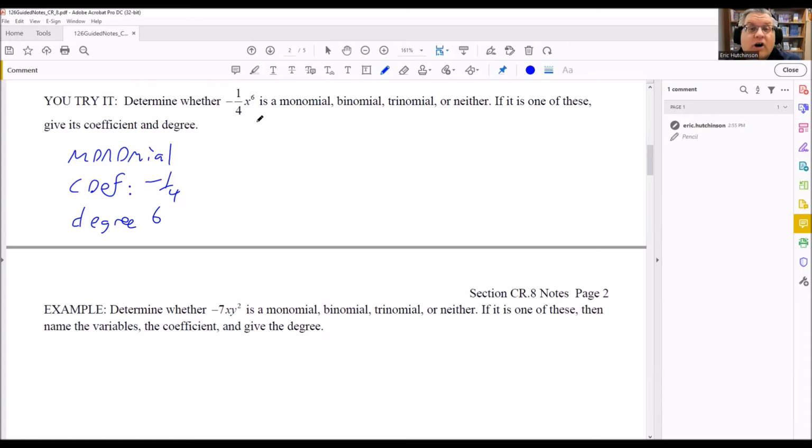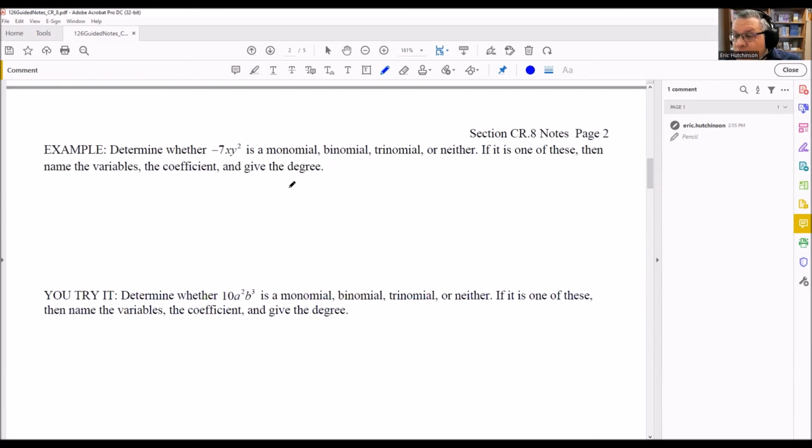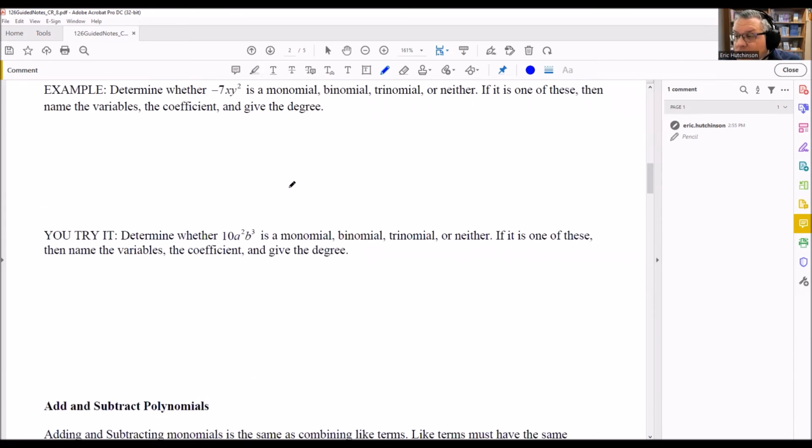So degree 6 monomial is what we have here. Now, the ones we've done so far only have one variable in it, but let's do these here. Now, these have two variables that are in it. So this is only going to come into play when we want to find the degree. Okay, but first, we notice that the power on the x, that would be a one power that's there. Okay, so that's a 1 that would be here.